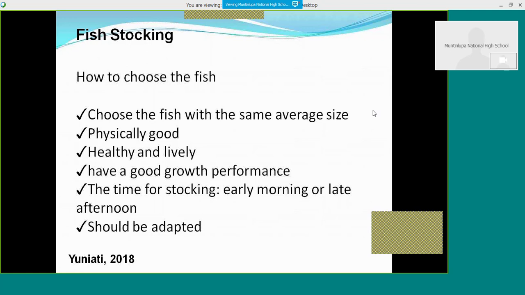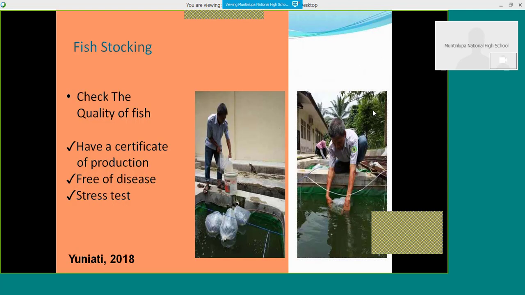They should be able to adapt to the environment they will live in. You need to check the quality of the fish. It should have a certificate of production free from any disease and should undergo a stress test.